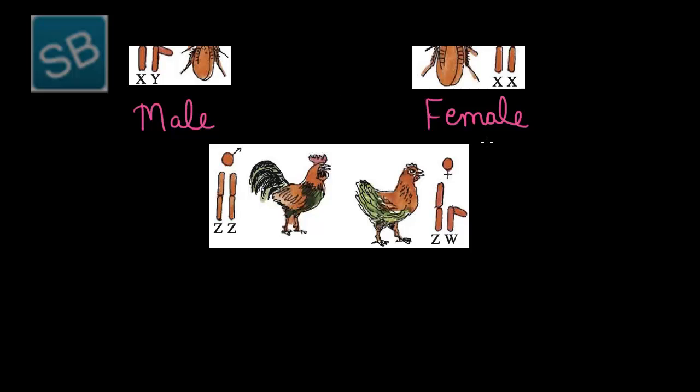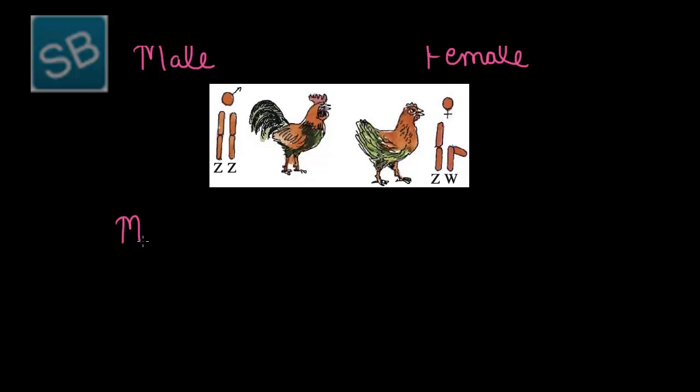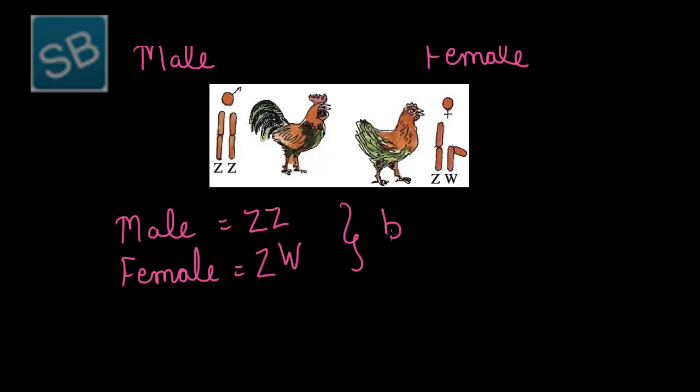In these birds, instead of the X chromosome, the chromosome is in the form of Z, where in males the even number of chromosomes occurs, that is 2Z, while in females two different types of chromosome occur, that is Z and W. Therefore, male contains 2Z chromosomes, while female has Z and W in the case of birds. Therefore, the sex chromosome arrangement is different in birds than in the others.